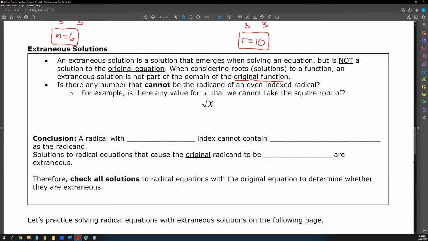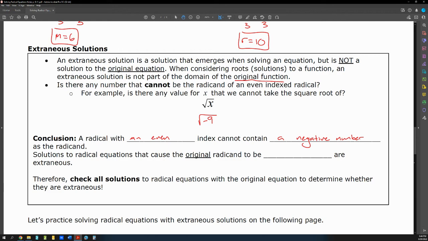Well, the answer is any radical with an even index. So that's a square root, fourth root, sixth root, eighth root, and so on, cannot contain, have you figured it out yet? A negative number as the radicand.